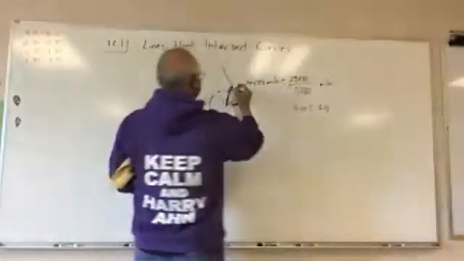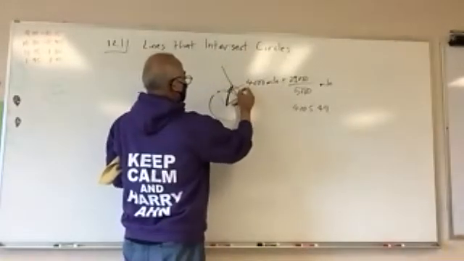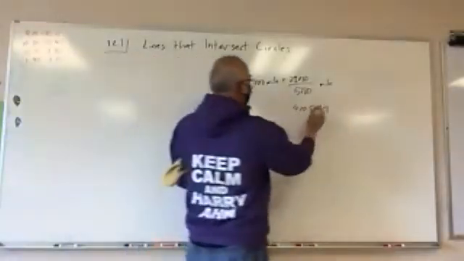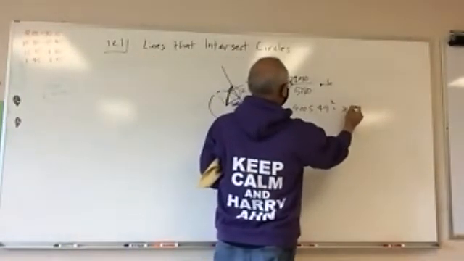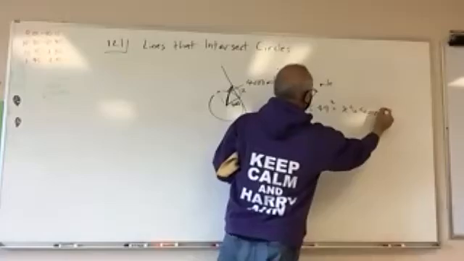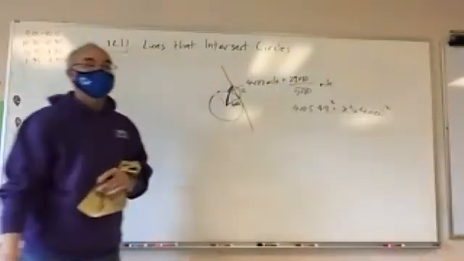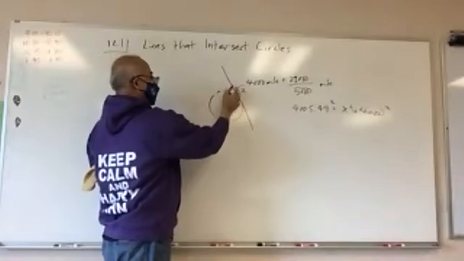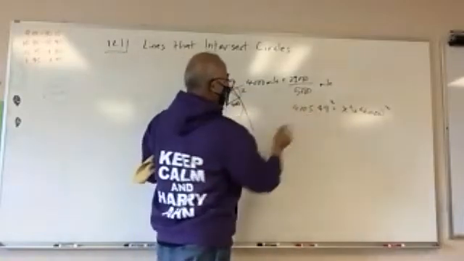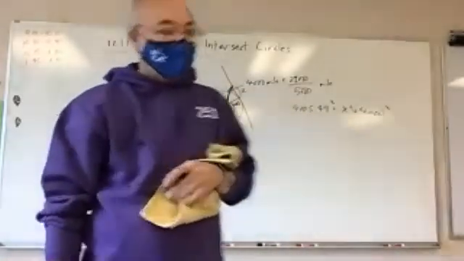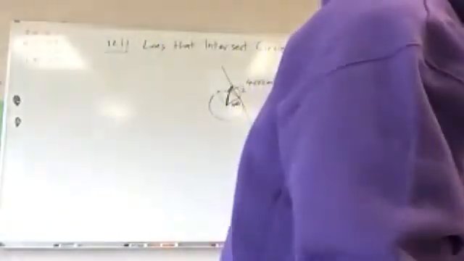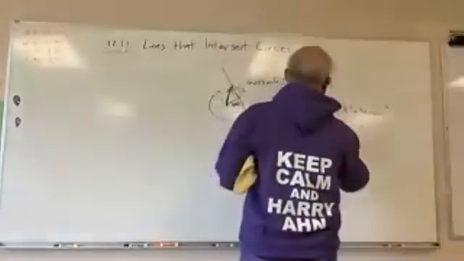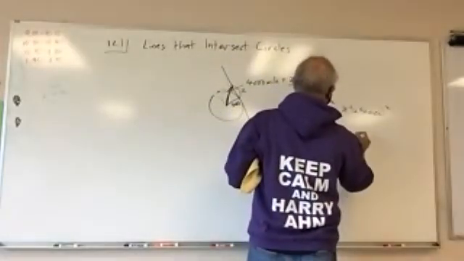So we're trying to find this distance here, x. So 4005.49 squared is equal to x squared plus 4,000 squared. Can we see that? In this triangle, this is 4,000, this is x, and this is 4005.49. And if you solve that, you're going to get about 210.